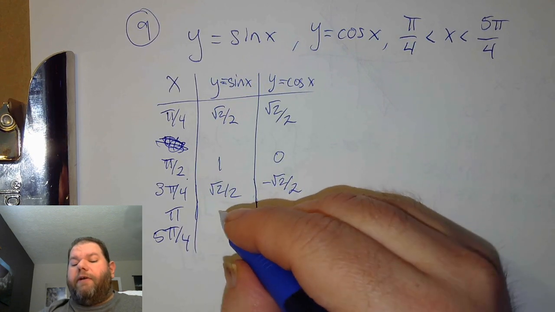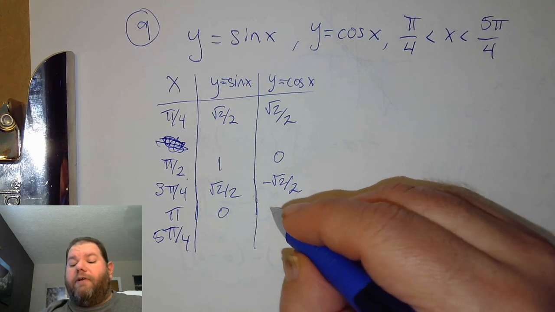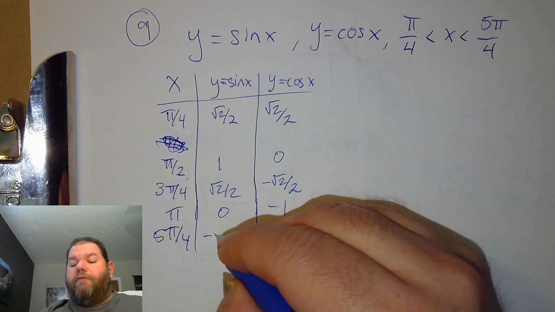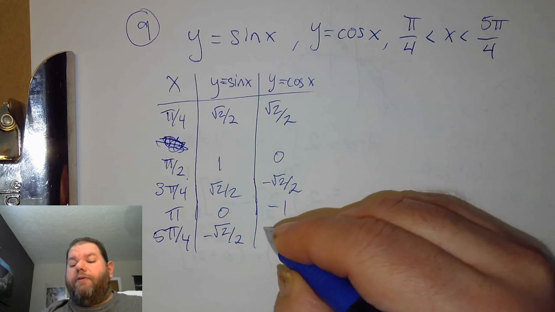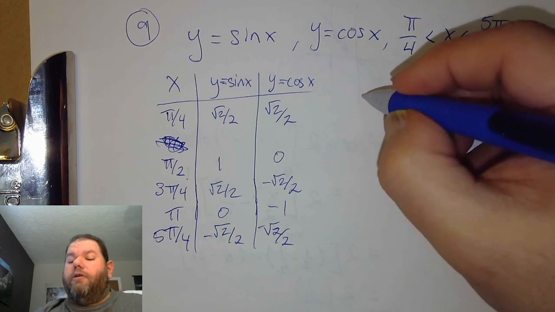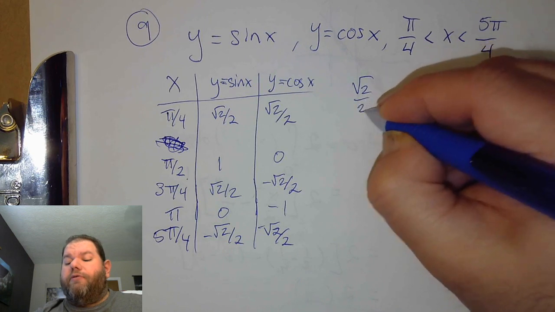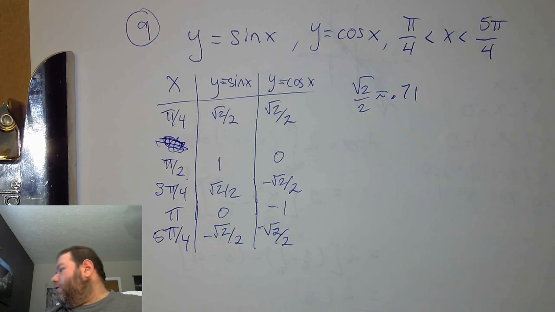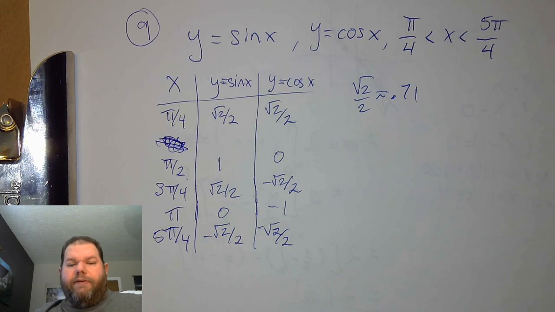At pi, sine of pi is 0, but cosine of pi is negative 1. And at 5 pi over 4, we get negative root 2 over 2 for both values. Now it's worth mentioning that root 2 over 2 is approximately 0.71. So we'll need to kind of eyeball where this is on the graph.